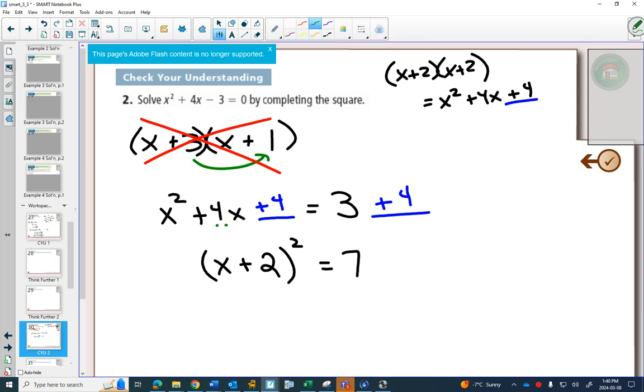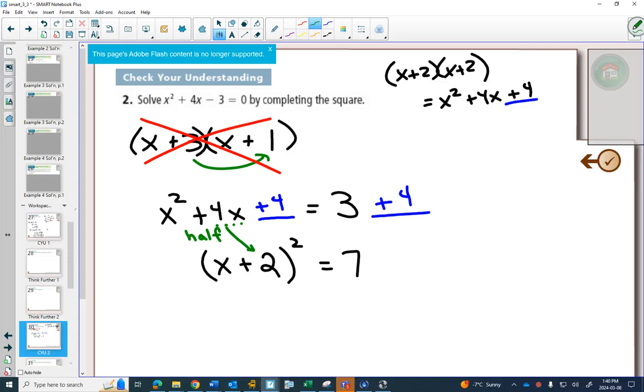So we use this as a hint to go down and say this has to be a plus 2. Okay? And it will always work out that that hint is going to be half of that number, because when you multiply it out, you get 2 of them put together. So the opposite of putting 2 things together is cutting them in half.